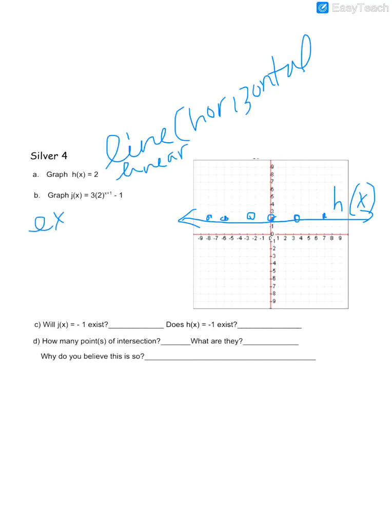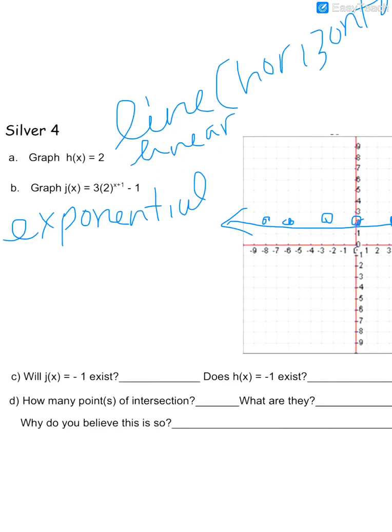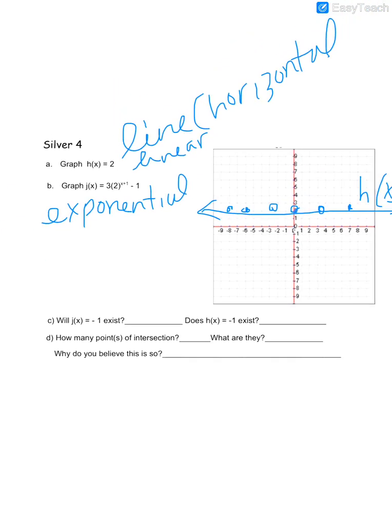This is exponential. Hopefully you're recognizing that. Under y2, I'm going to plug in 3, parentheses, 2, close parentheses, caret, x plus 1, right arrow out of that, -1.